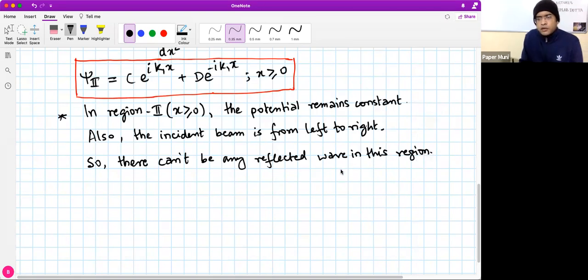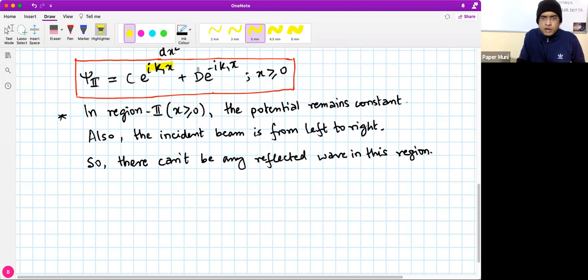So we know from our previous analysis that this exponential function represents a particle moving with momentum h cross k1 along the positive x direction, and this one, which we found has momentum minus h cross k1.